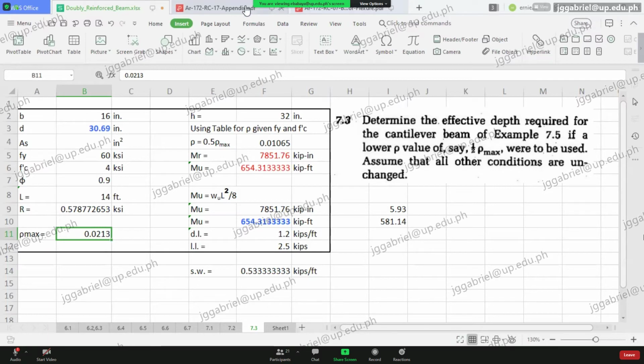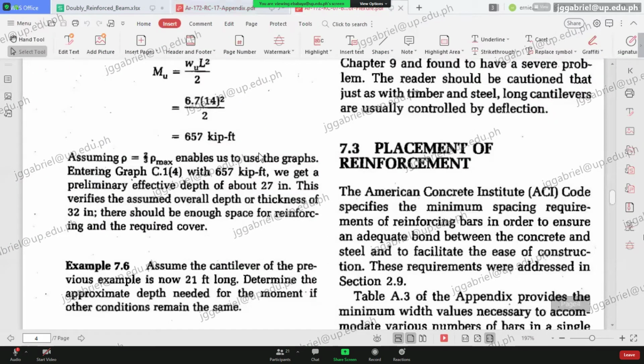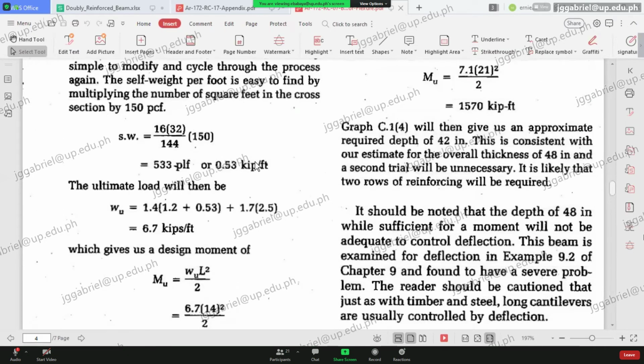So now, what will be the effective depth required? From the problem, what's the effective depth here?